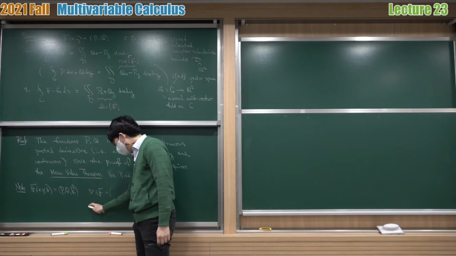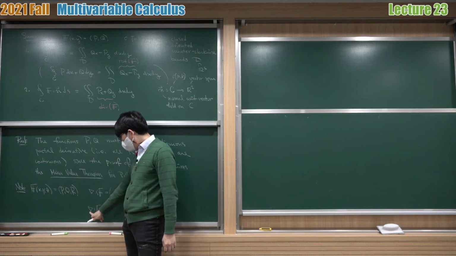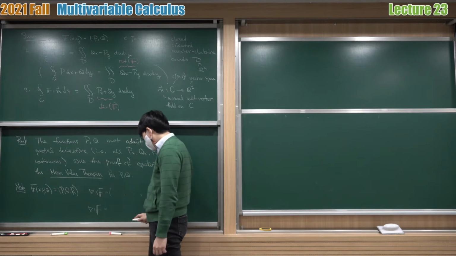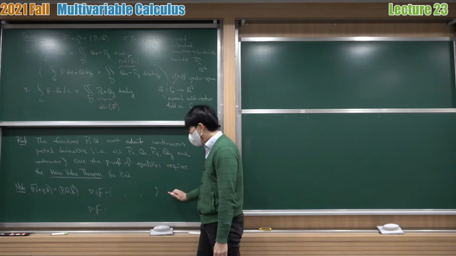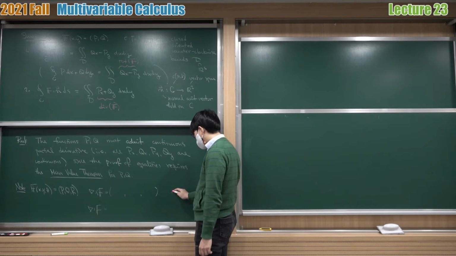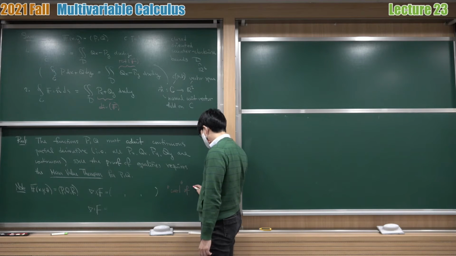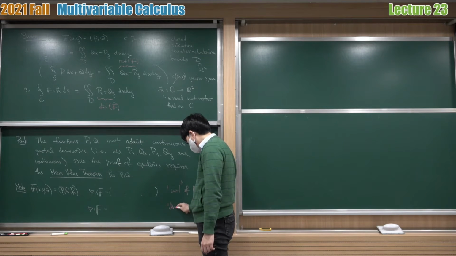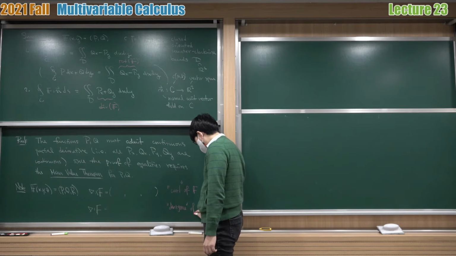And also this symbol: I have an inner product of nabla and F, and this will become some scalar. So I'll just mention the names for these. This is called the curl of F, and this is called the divergence of F.